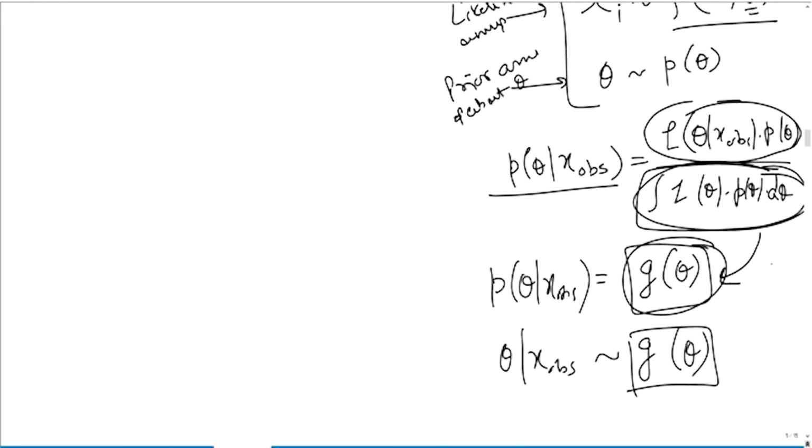You might end up getting some function, which is your likelihood times prior, which could be an exponential function or something, but it may not be a proper probability distribution. For example, it may not be a beta distribution or a gamma distribution or a normal distribution, so a standard probability distribution that you know of. So it could be some function, but not a proper probability distribution from which you can do sampling.